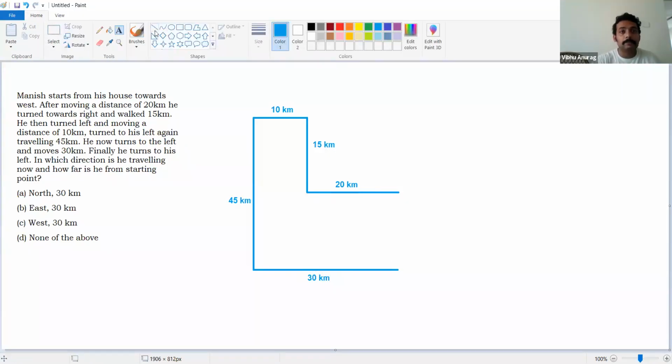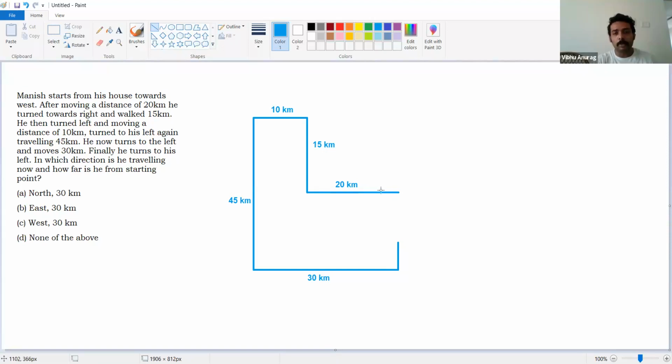Finally, he turns to the left. So from here, I turn to the left, which is upwards. In this direction. So I'm going towards the north. And how far away am I?